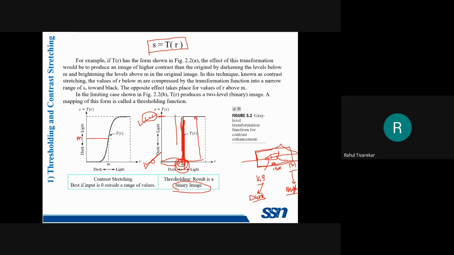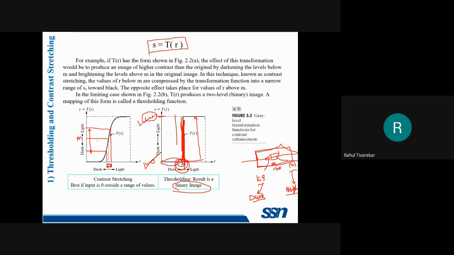Just before the threshold, whatever intensity you have, you reduce that intensity. Just after the threshold, whatever intensity you have, you give a boost to that intensity. That's how the closer samples are spread away in the output image. In the input image, they are very close, but in the output image, you spread them.